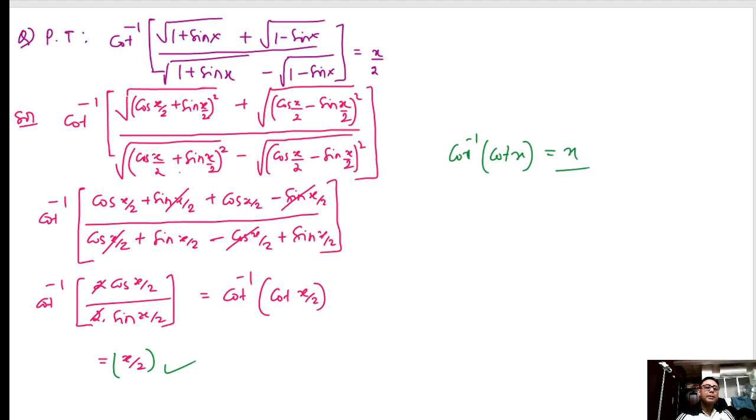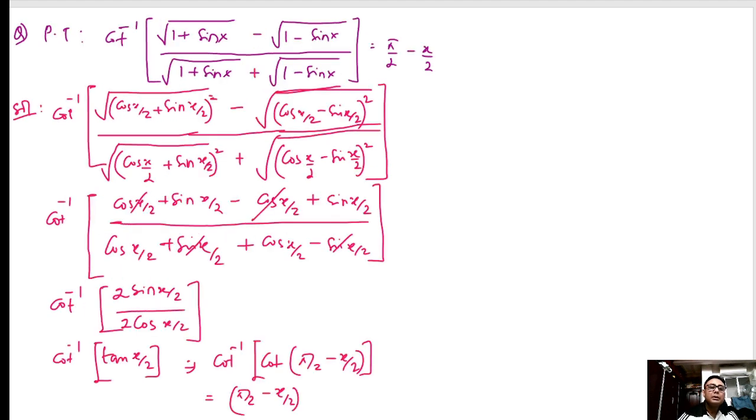Next, prove that cot inverse this, we have to prove it this. So 1 plus sin x, already we know the formula. 1 minus sin x, we know the formula. So applying this, square and square root cuts, so this cos cuts and sine cuts, so we are getting 2 sin x by 2, and 2 will cut.